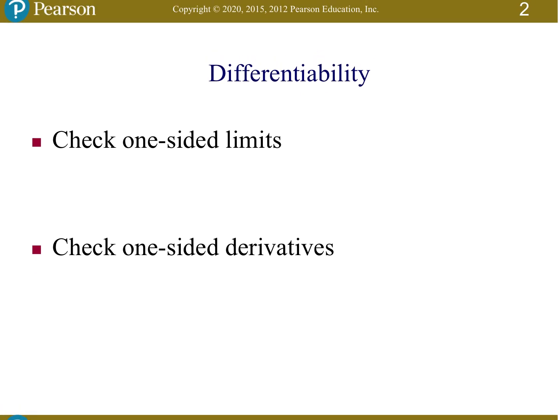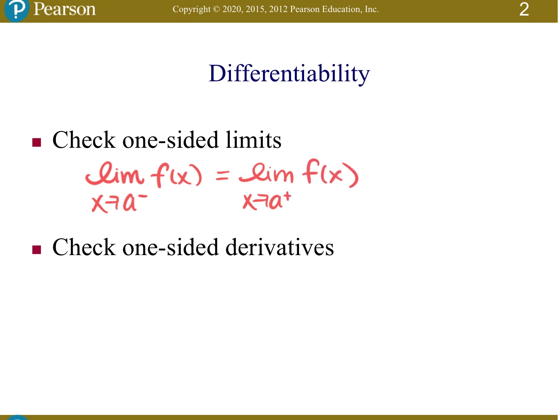If you remember from Chapter 1, we checked one-sided limits this way. We looked at the limit of f of x as x approached a from the left, and we compared it to the limit as x approached a from the right, and I was really a stickler about you putting f of x after.